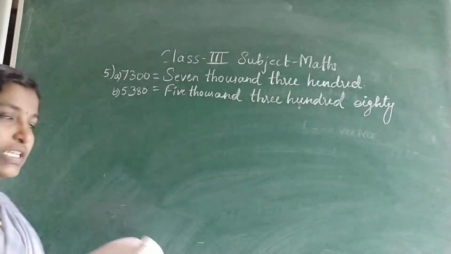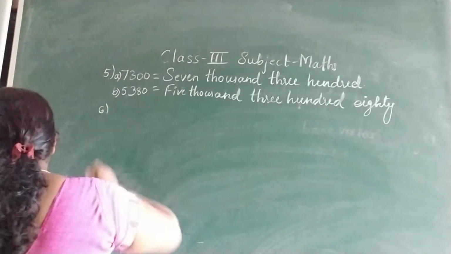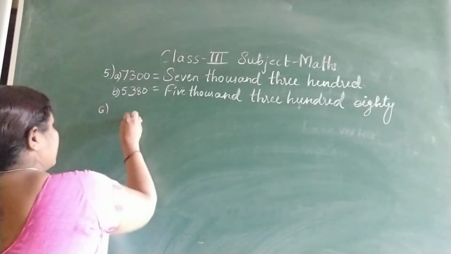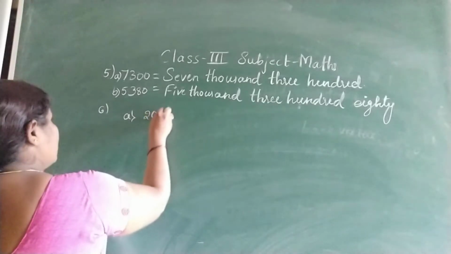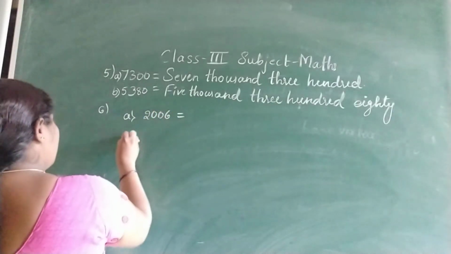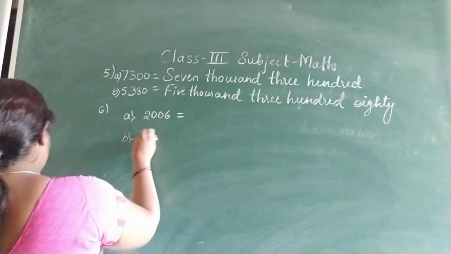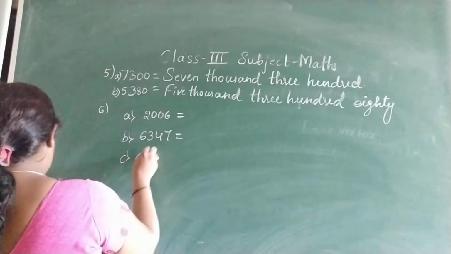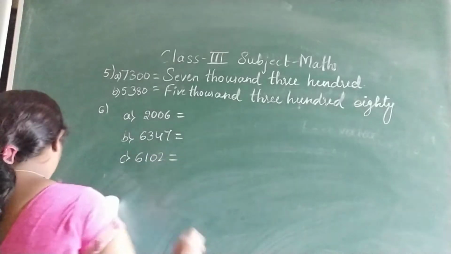And next question, sixth one. Fill in the boxes with the missing digits. A. 2006 is equal to B. 6,347 is equal to C. 6,100.2 is equal to.